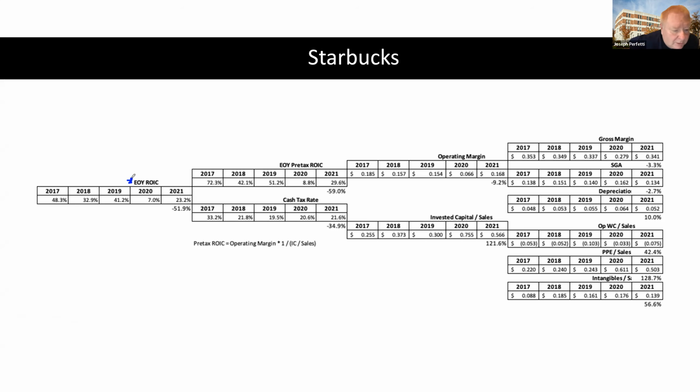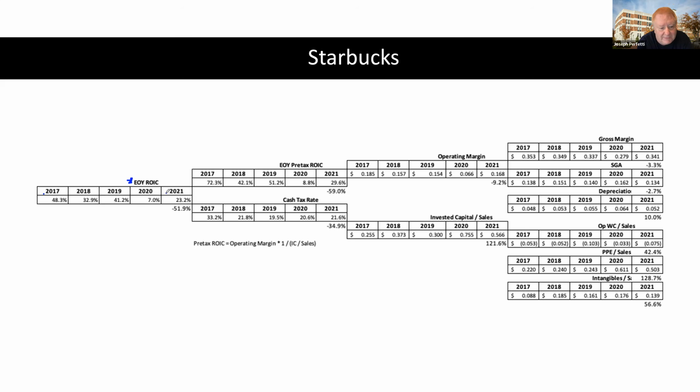Okay, so EOY as opposed to BOY, end of year, means current year NOPLAT divided by current year invested capital. And there's 5 years worth of historical data on this tree going from 2017 to 2021.